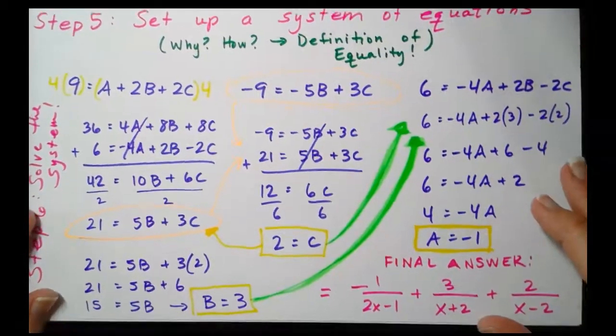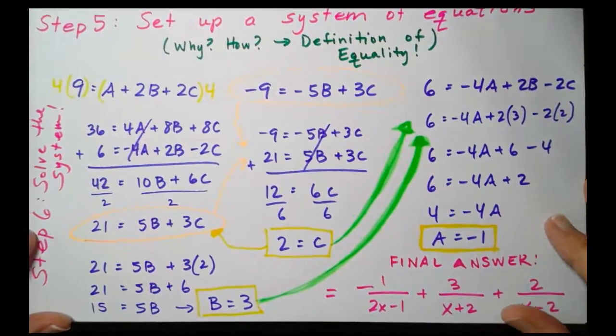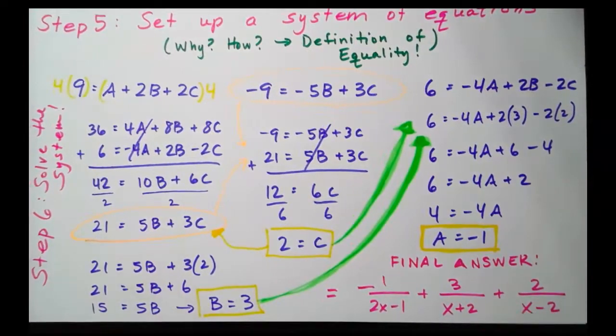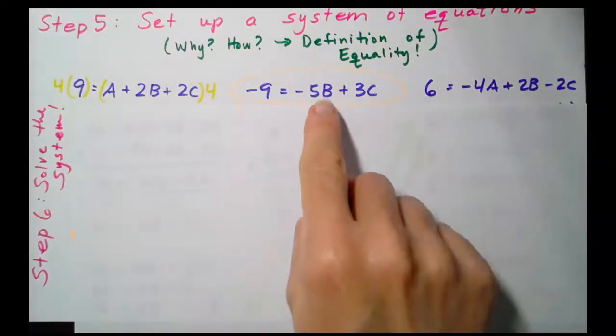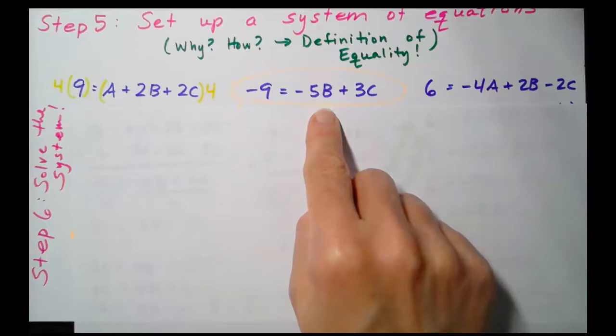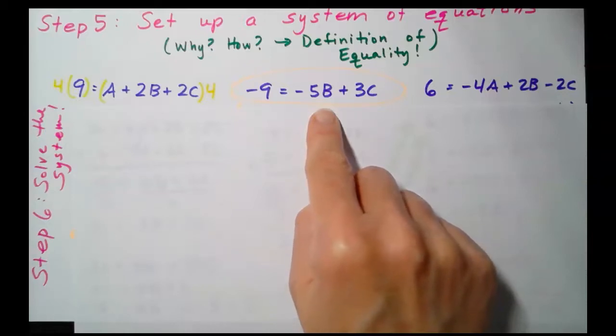So that's what I've got here on the bottom of the sheet. So we're going to solve this system, and basically we just need to come up with a plan. Well, the first part of my plan is realizing that this second equation does not have an a term.